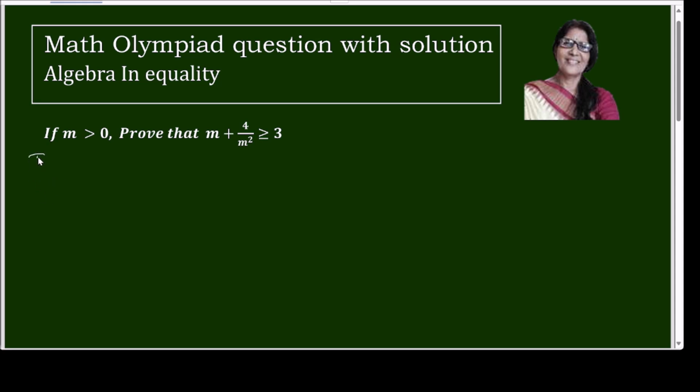Now to prove m plus 4 over m square greater than or equal to 3. This is the same as we have to prove m plus 4 over m square minus 3 greater than or equal to 0.